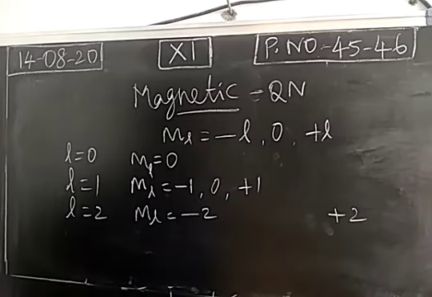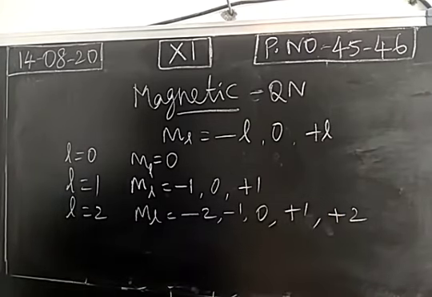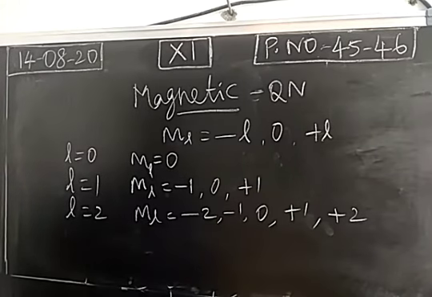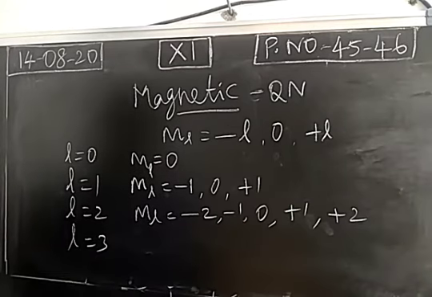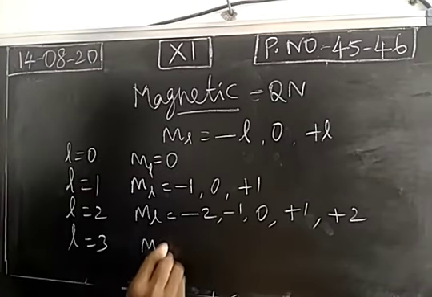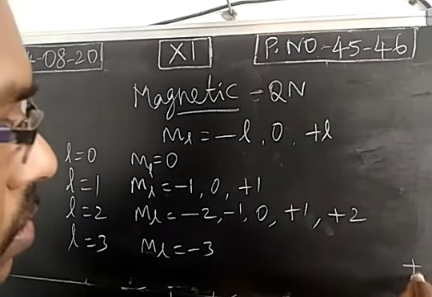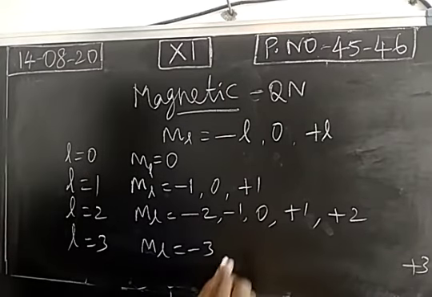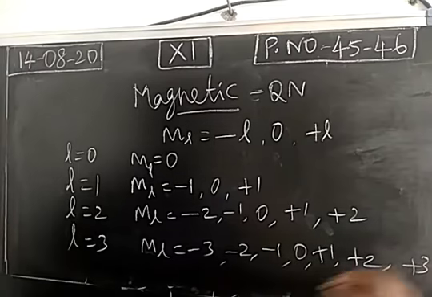What are the in between numbers? Minus 1, 0, plus 1. So this is the way to write the magnetic quantum number. For the F subshell, L value 3, the magnetic quantum number starts from minus 3 and ends with plus 3. In between numbers: minus 2, minus 1, 0, plus 1, plus 2.